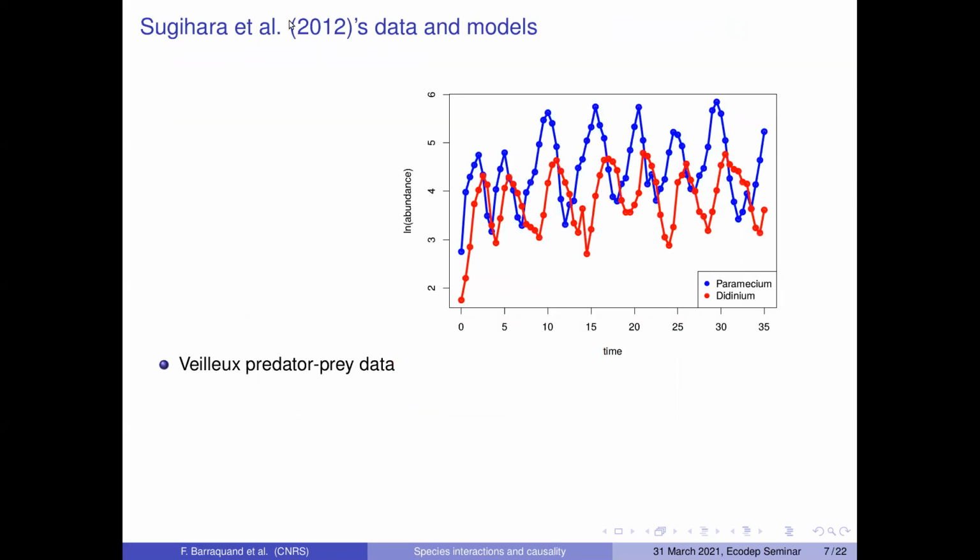So we've used a set of data and models to test these techniques that was partially overlapping with Sugihara and Kurota's choices. So we use this predatory data from Veilleux, which I showed you before, that are believed to almost like a limit cycle.